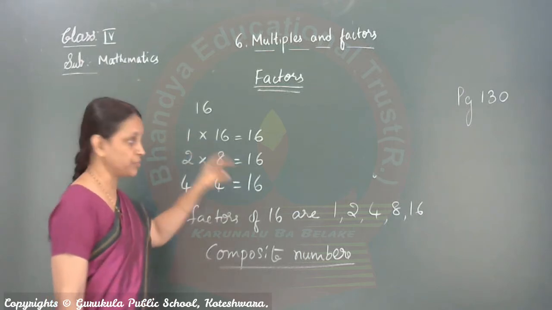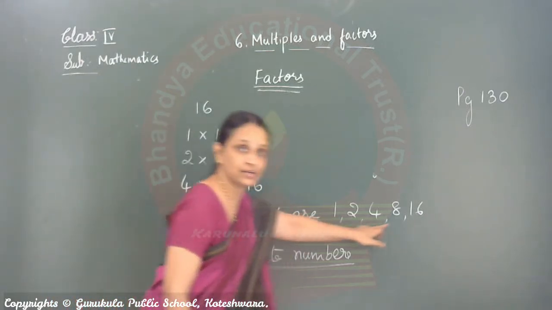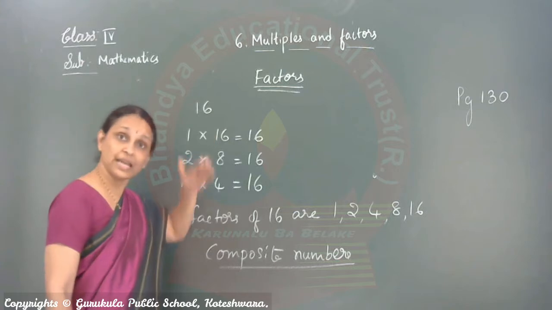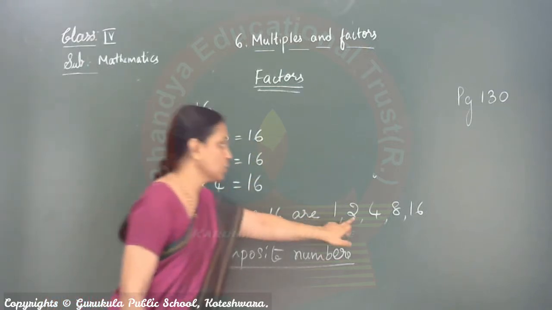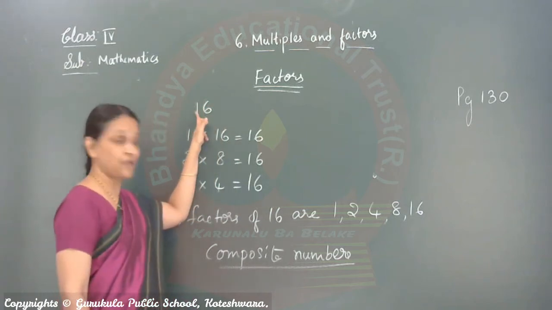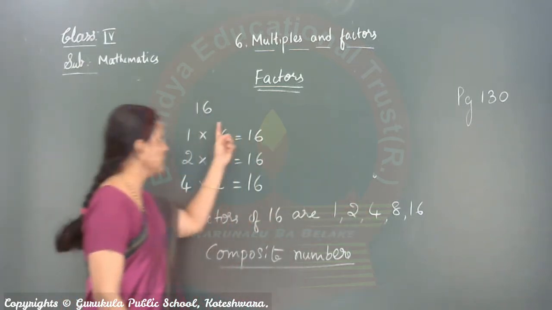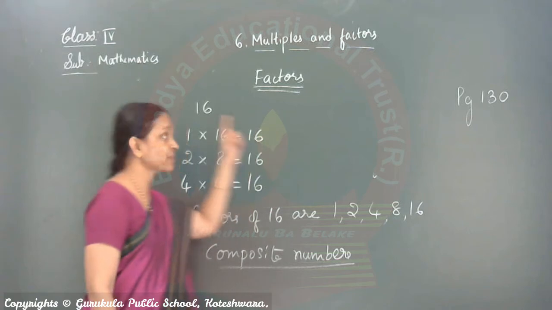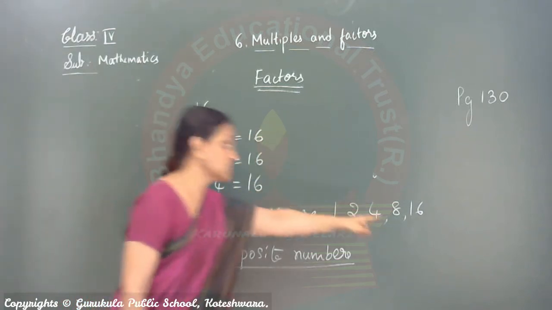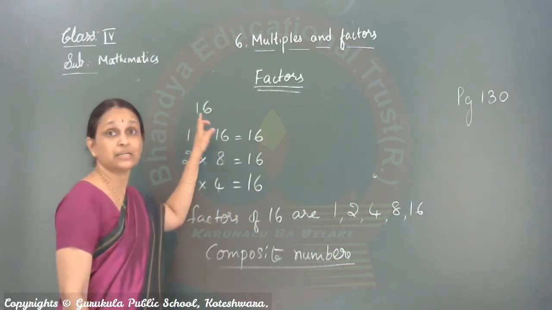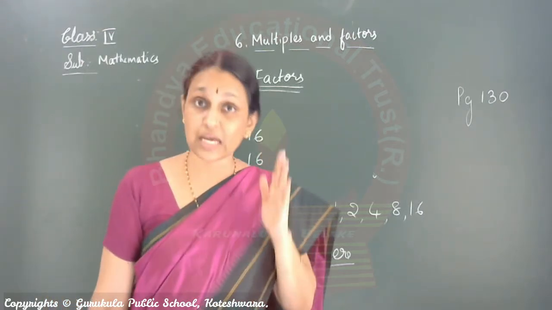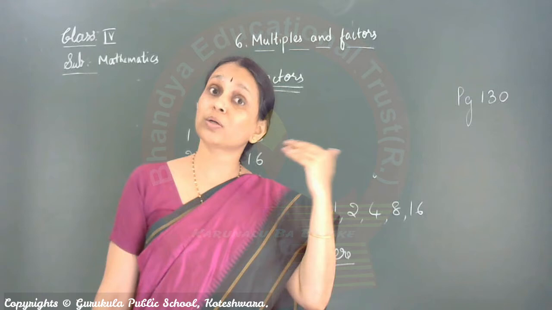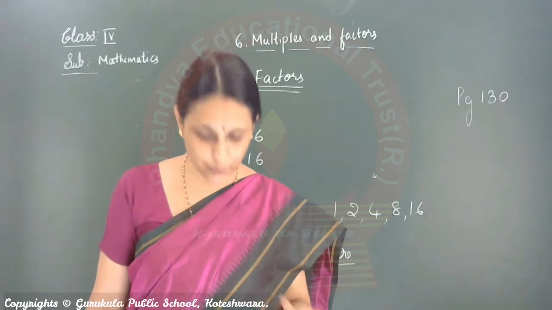For any number, all the factors will either be less. See, 1 is less than 16, a factor. 2 is less than 16, it is a factor. 4 is a factor, less than 16. 8 is a factor, less than 16. 16 is a factor of 16, but it is equal to 16. We will not have any factor which is more than the number. That is the third property.